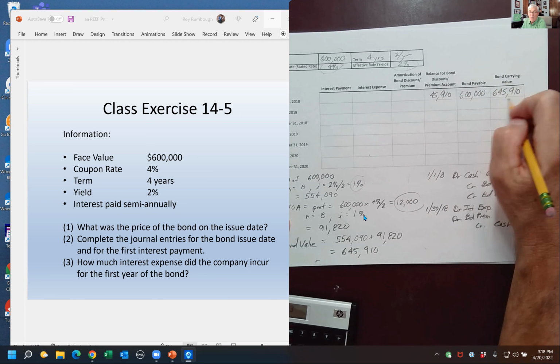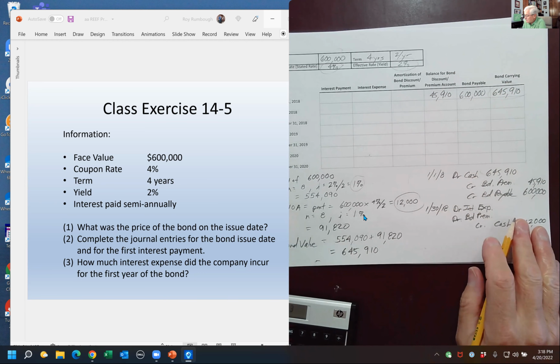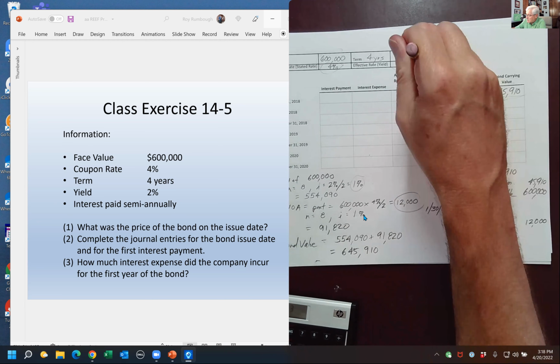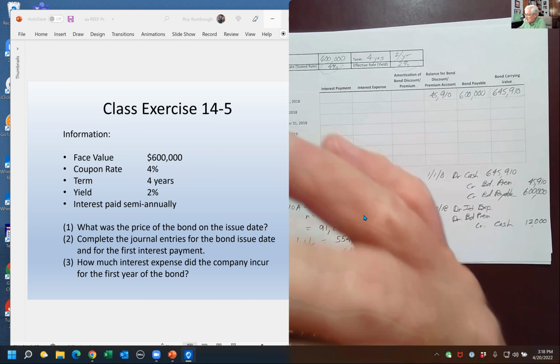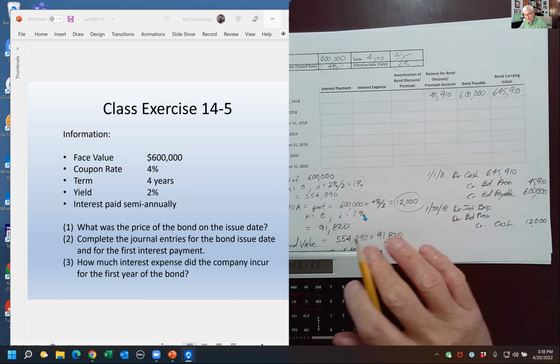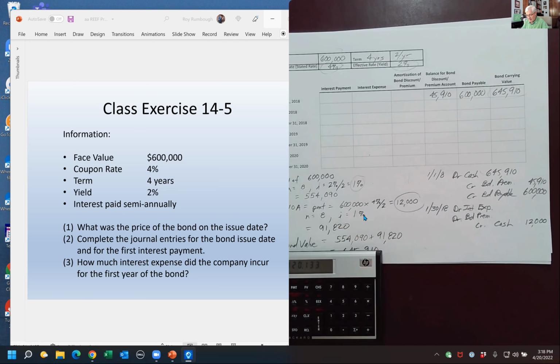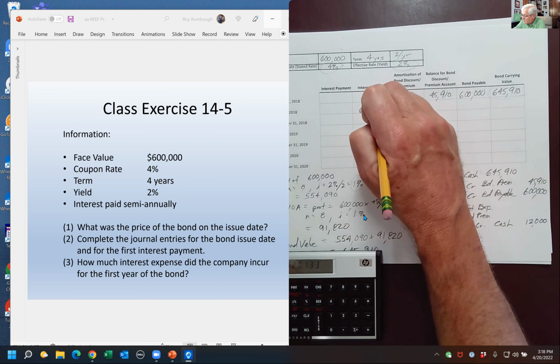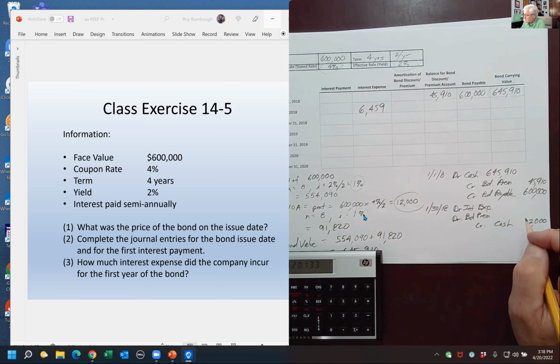That's actually, by the way, what would show up on the balance sheet as a bond payable. That number times 2% divided by 2, 1%. So 645,910 times 1%, I'm going to use my cheat sheet here, equals 6,459.